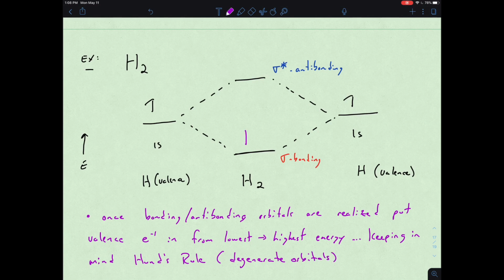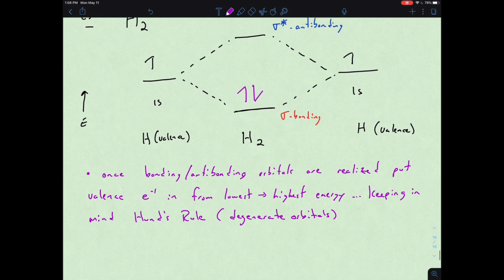So we put one electron in the bottom, and then we put our other electron in the bottom, and that is our MO diagram for hydrogen.